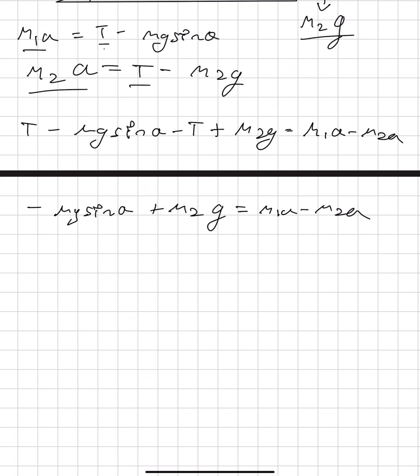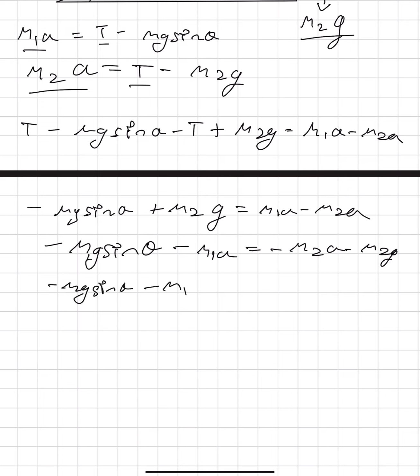So the first equation was T minus mg sin theta, which we had over here, and the next was T minus m2g, which we have over here. So we have minus m1g sin theta minus m1a is equal to minus m2a minus m2g. So to make m2 the subject, we write minus m1g sin theta minus m1a is equal to minus m2a plus g.